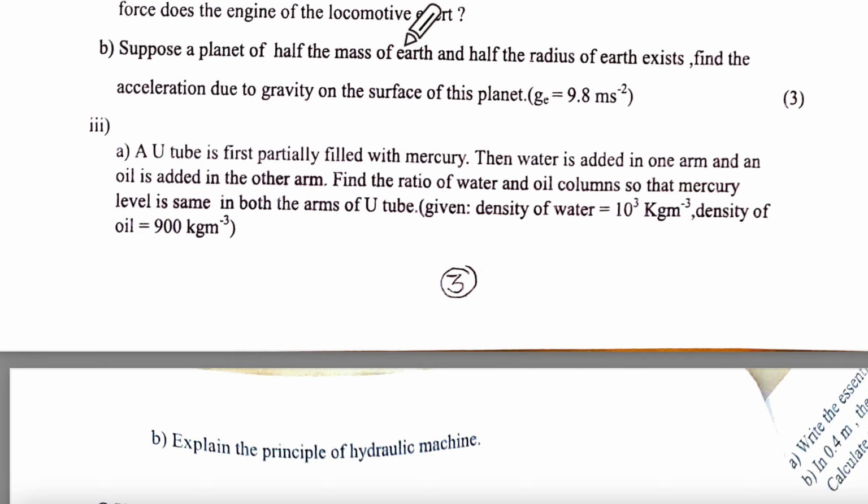Suppose a planet of half the mass of Earth and half the radius of Earth exists. Find the acceleration due to gravity on the surface of this planet. Now this is with your formula. What is the formula? F is equal to what? G into... correct or no? Do you remember this formula?